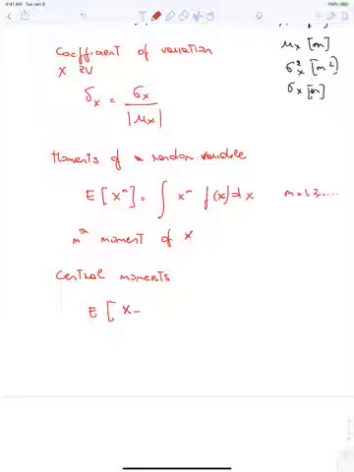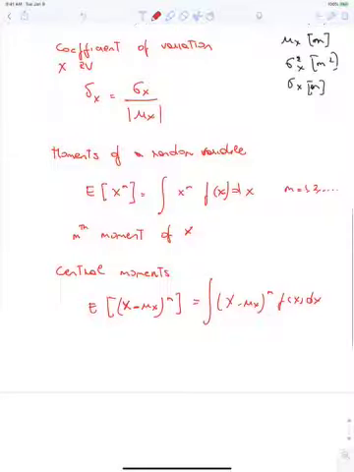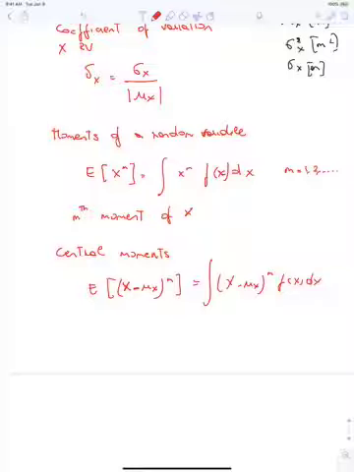So in this case, we take the random variable minus the mean, to the power m, and those are called the mth central moment of the random variable x. Now, the most common one is the variance. So when m is equal to 2, we obtain the variance of the random variable x.